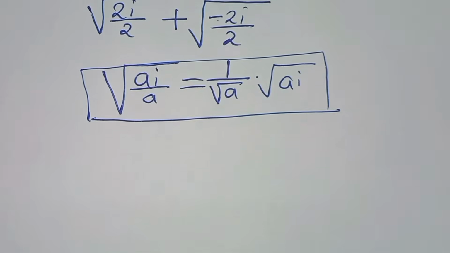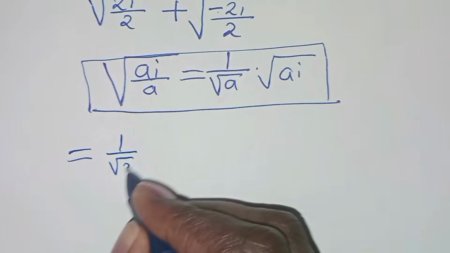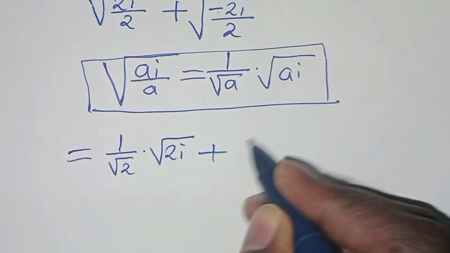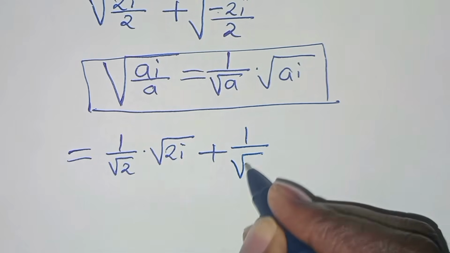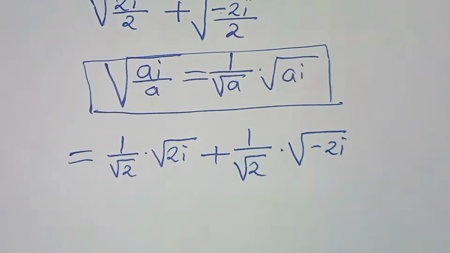then it follows that here we can express this as 1 over the square root of 2 multiplied by the square root of 2i, plus 1 over the square root of 2 multiplied by the square root of minus 2i.